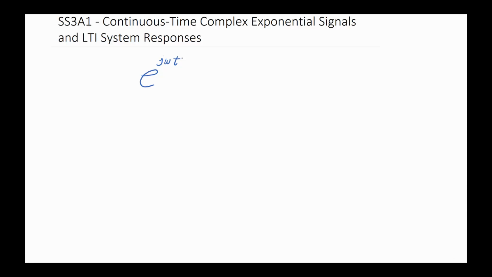And then later on we'll come back and talk about the LTI system response, which we usually show as h of t. But before we go too far, we need to understand what this continuous time exponential signal really is.